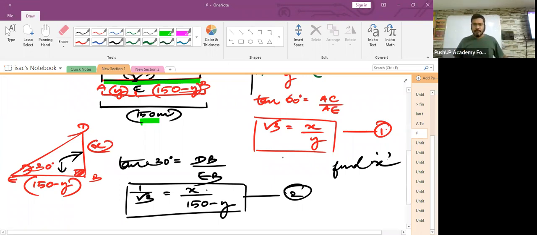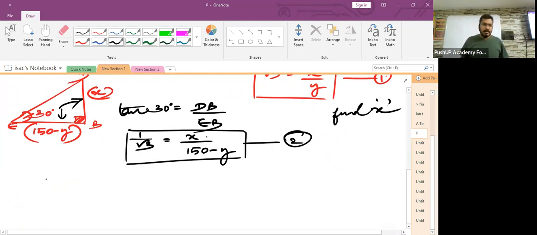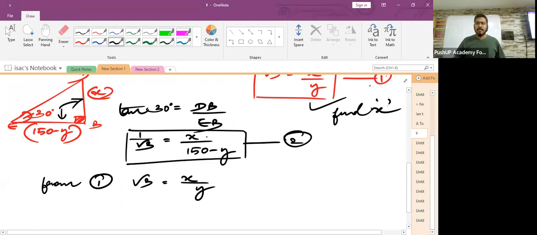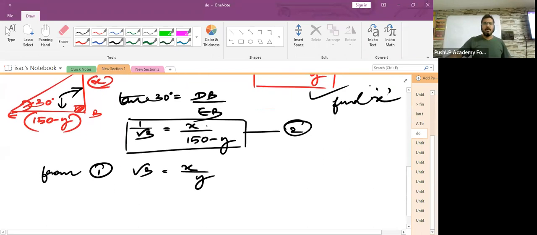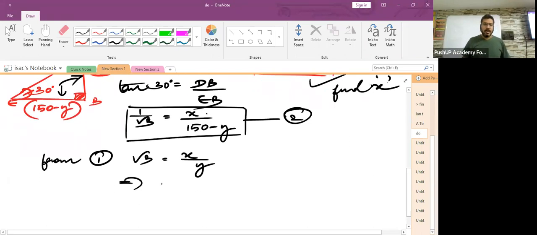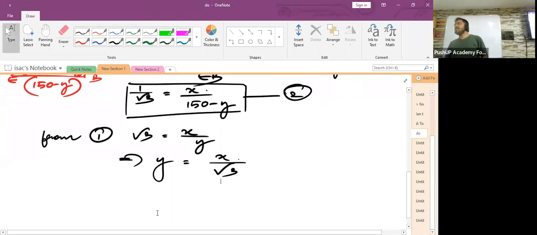Okay. So from equation number 1, children, we know root 3 is equal to what? X upon Y. So if I express Y in terms of X, it would become Y is equal to X upon root 3. Joshua, is it clear?